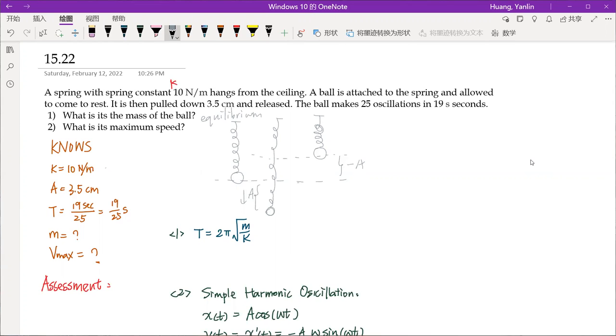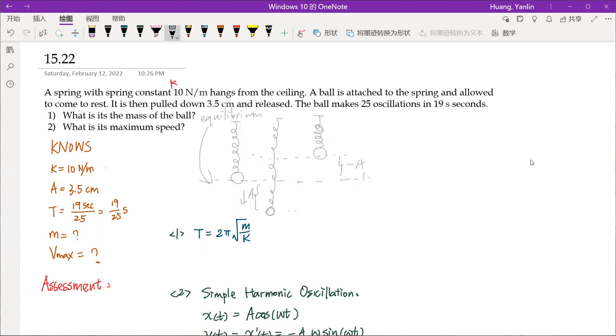3.5 centimeter and then releases it, you could predict the ball will oscillate up and down, crossing the equilibrium position here, and the amplitude goes from the maximum position to the negative position, which is the negative amplitude.